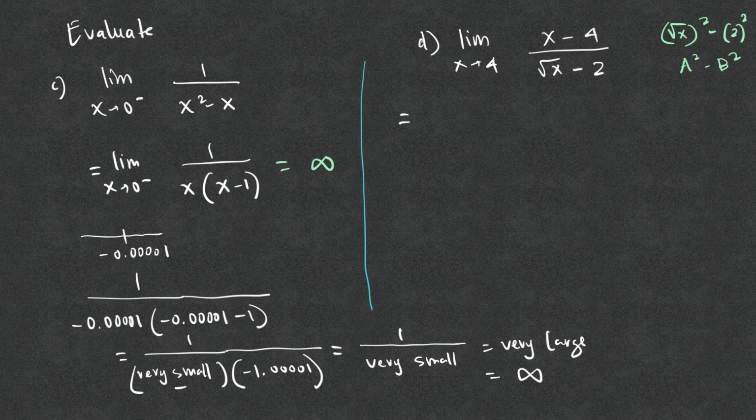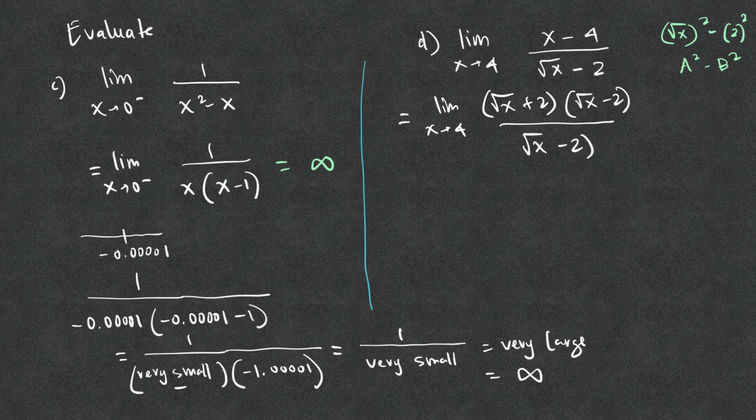And so we have the limit as x goes to 4. In the numerator, we can factor this as the square root of x plus 2 times the square root of x minus 2. The difference of squares is the product of the conjugates. The denominator is the square root of x minus 2, and we see that we can cancel out the square root of x minus 2.